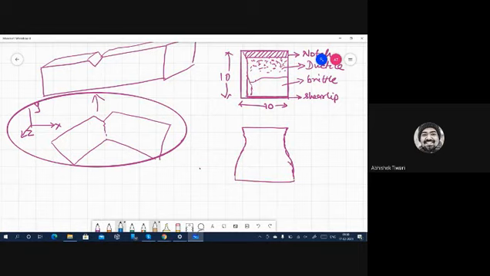So the original specimen was probably something like this. So this was initially 10 cross 10. And after breaking, it has become like this. Okay. Why has it become like this?